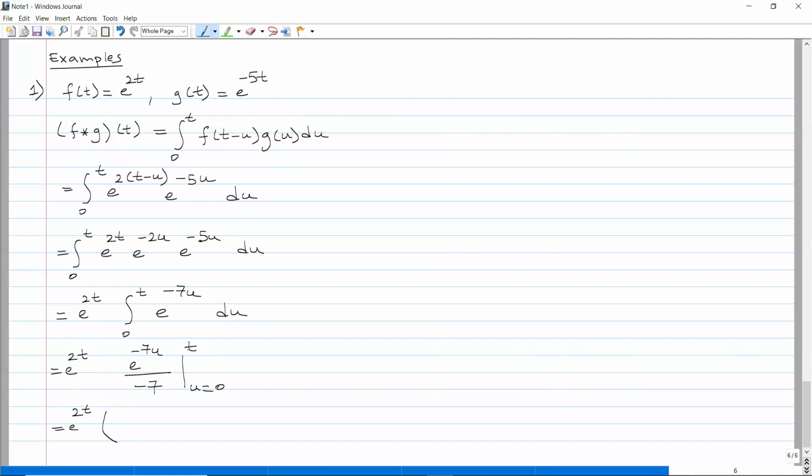So if I put u equals t, I have e to the minus 7t over minus 7, minus, if I put u equals 0, e to the 0 is 1 over minus 7.